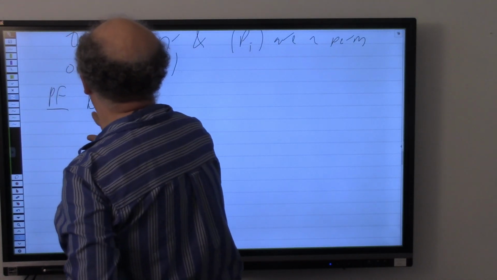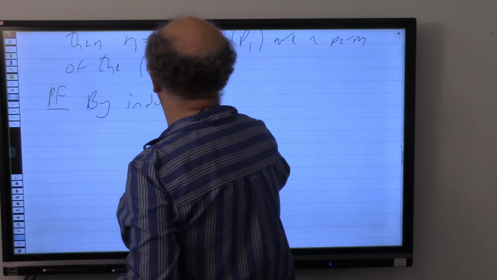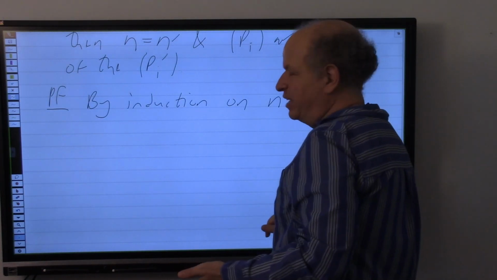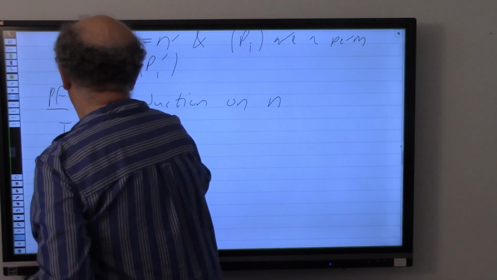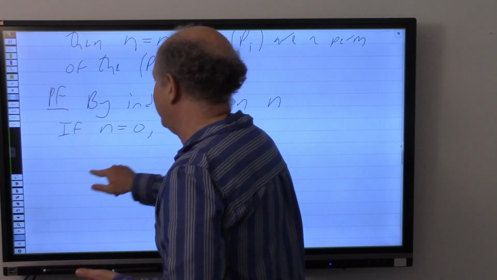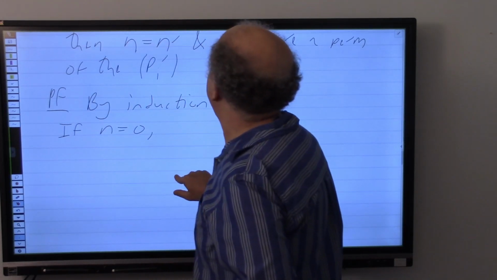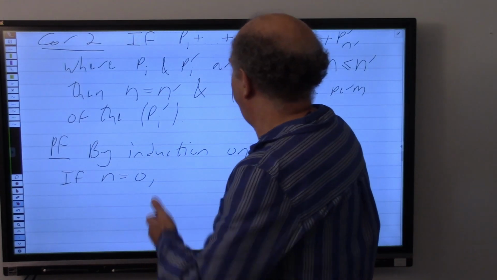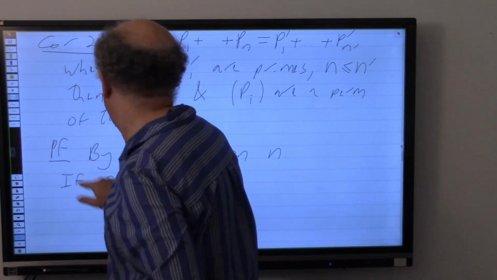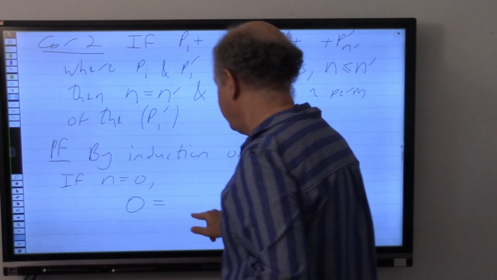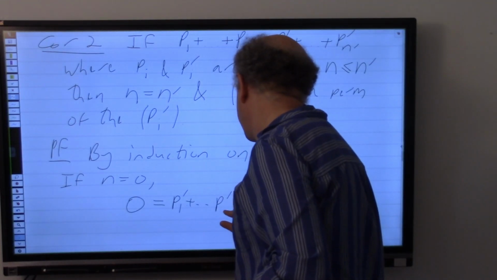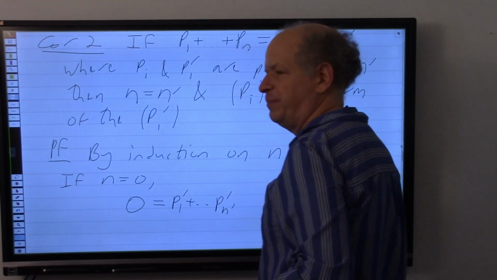So the proof is by induction on n. So if n is equal to 0, then the left-hand side, the sum of P1 up to Pn, is just 0. There are no terms on the left-hand side, and it is equal to P prime 1 up to P prime n prime.